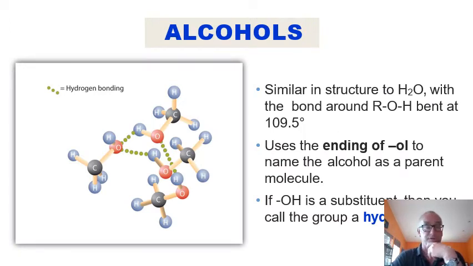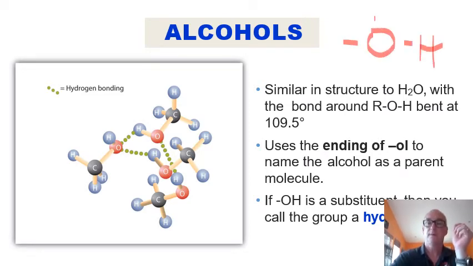So alcohols. You're probably familiar with alcohol. We talked a little bit about them. Basically, all it is is a group of carbons that has a hydroxyl group attached. And it either is attached to the end of a molecule or it can be placed anywhere.